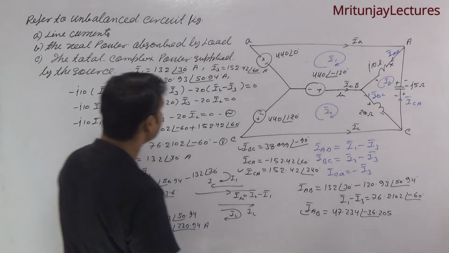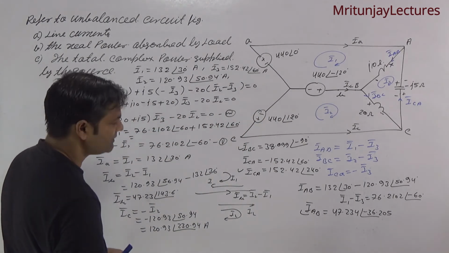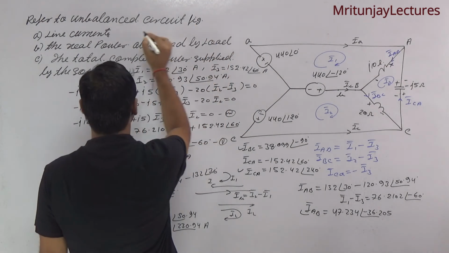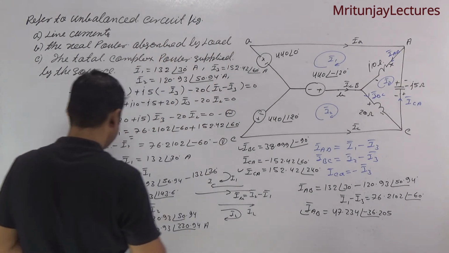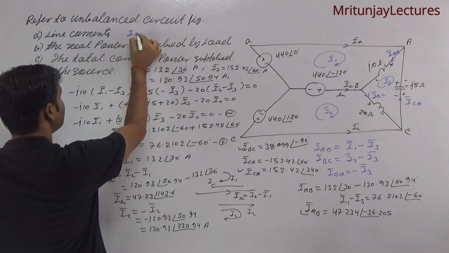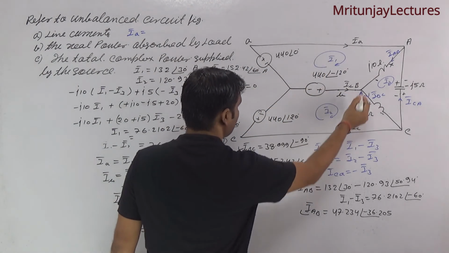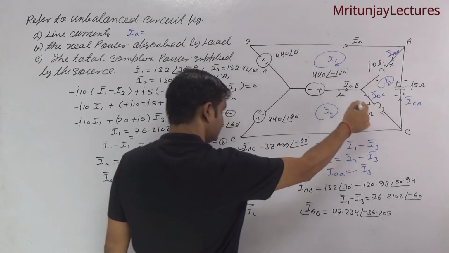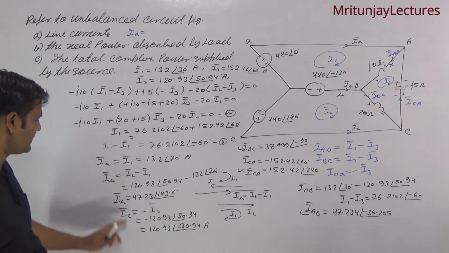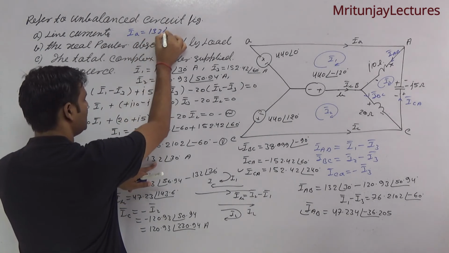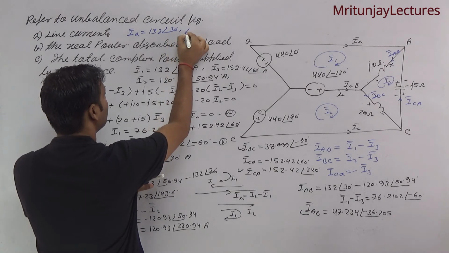Now what is our next target? First of all, clear or not? Phase current, that is I of AB, sorry, IA. Line current, this one, in the unbalanced line current, IA is 132 at the angle 30 degrees. What about IB?